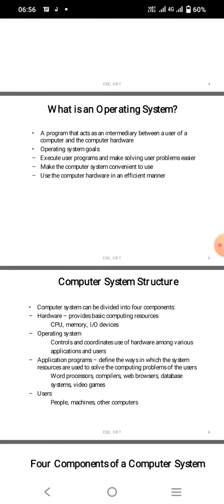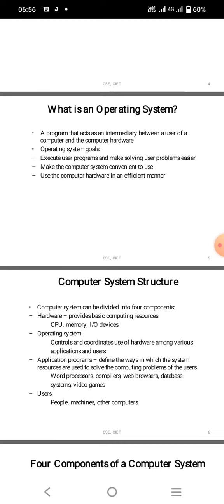First is the hardware. It provides basic computing resources: CPU, memory, and I/O devices. Second is the operating system, which controls and coordinates the use of the hardware among various applications and users.